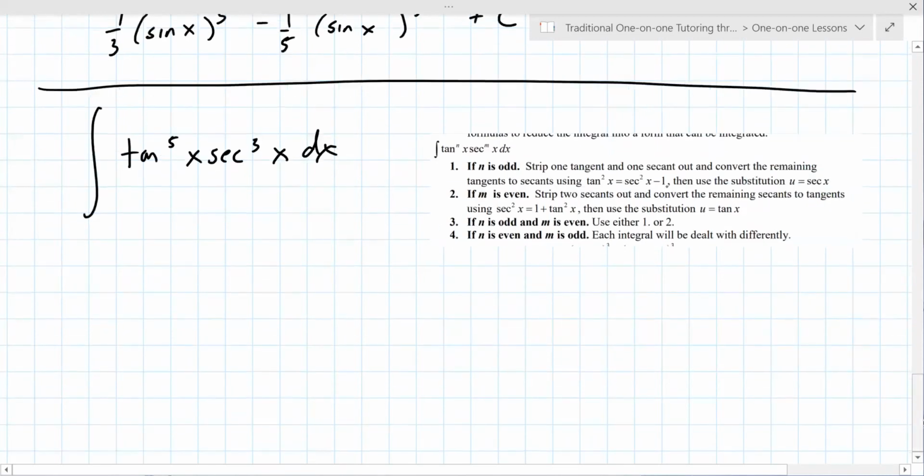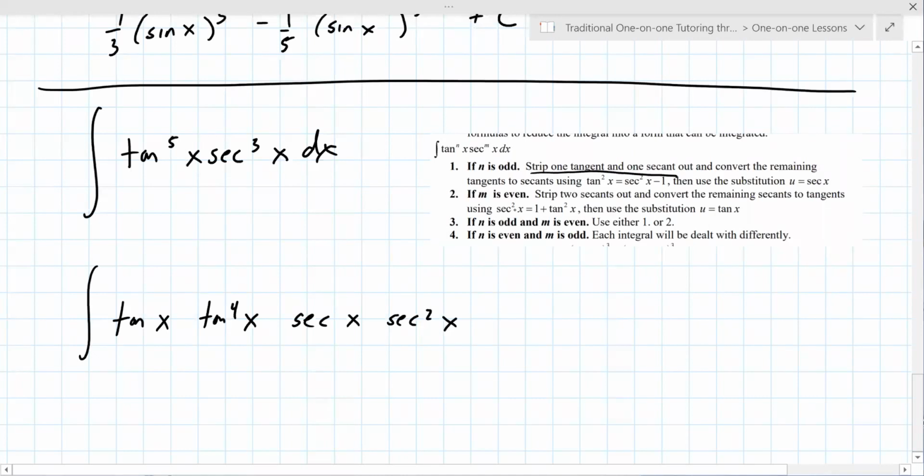So strip one tangent out, one secant out. So it's the integral of tangent times tangent to the fourth x, secant times secant squared x, because that's stripping one tangent and one secant out.